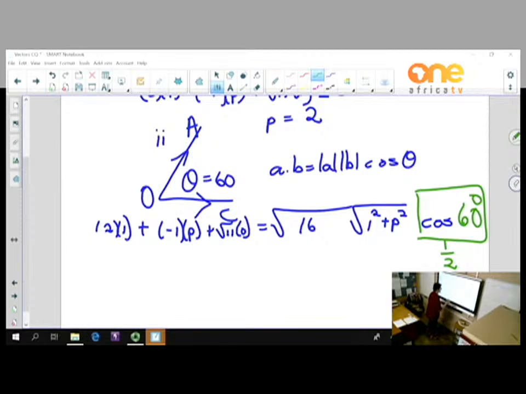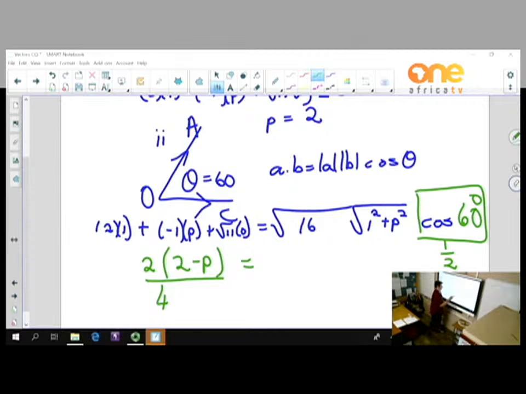Okay. Now, this time we need to find P, not the angle. We have the angle now there. In the first place, to get rid of this fraction, I can multiply this whole thing here by 2. This is now algebra that we're doing here. And this is then 2 times 2 minus P. 2 minus P, this one falls away, is equal to, if I divide here, the square root of 16 is 4, so I'm going to divide by 4.